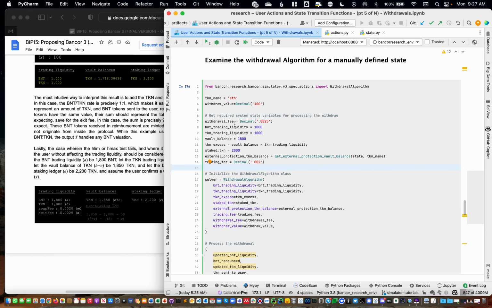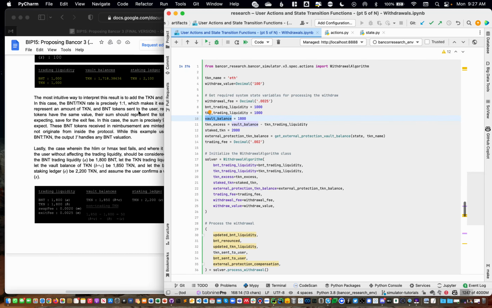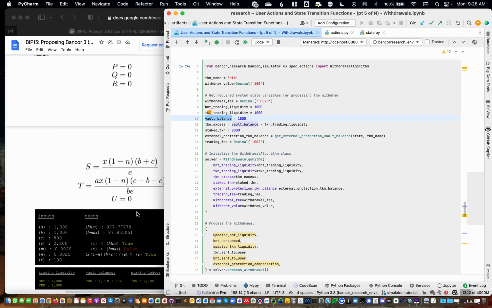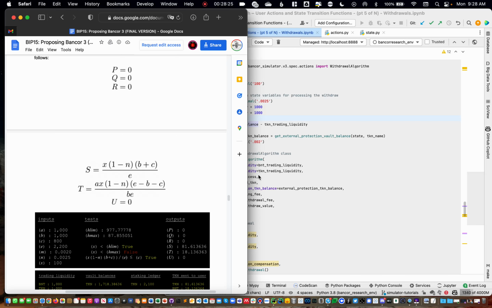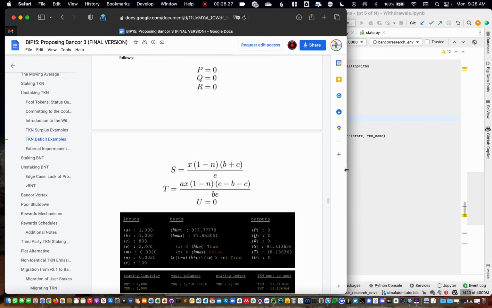So instead of using the actual state of any pre-derived system with users and so forth, we can just say that the BNT trading liquidity is whatever, and the vault balance is such and such. And we can follow along with the BIP15 document quite a bit easier by doing it this way, right?